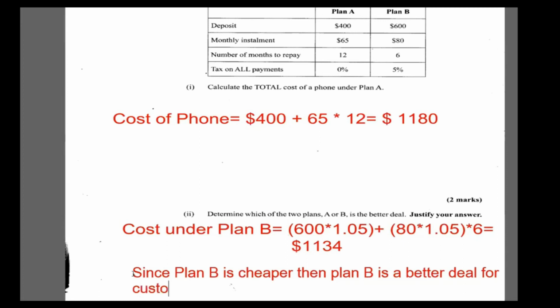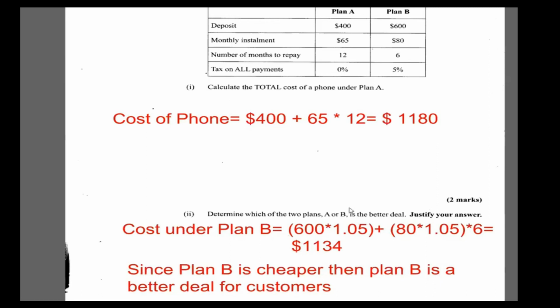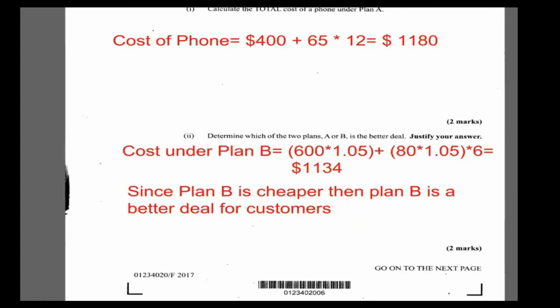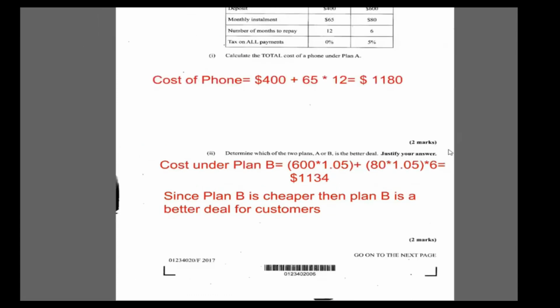Even though you're paying the tax, you get to save money. You save like $46. And so Plan B is the better buy. Nice and easy.